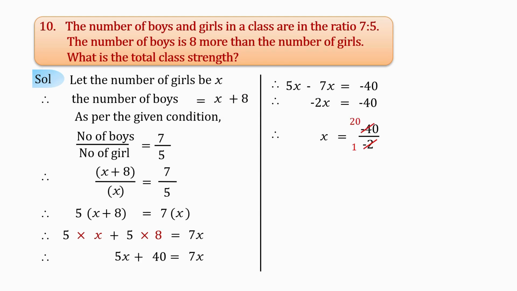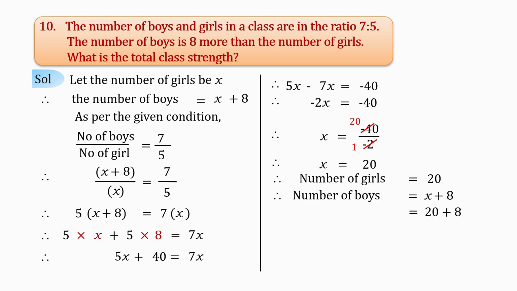So x we got 20, that is the number of girls. So the number of boys will be 20 plus 8, that is 28.